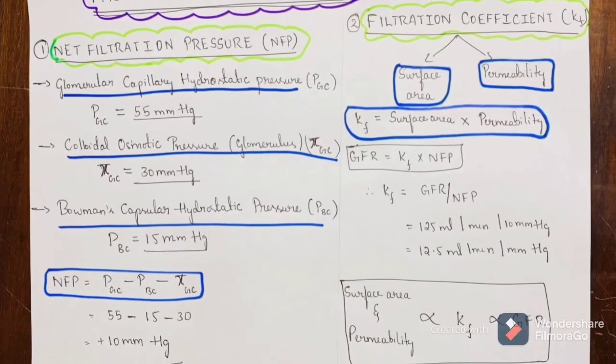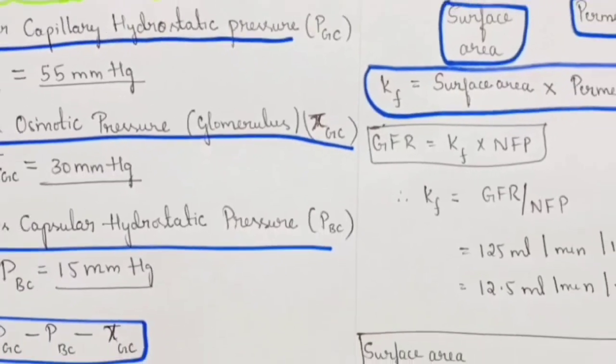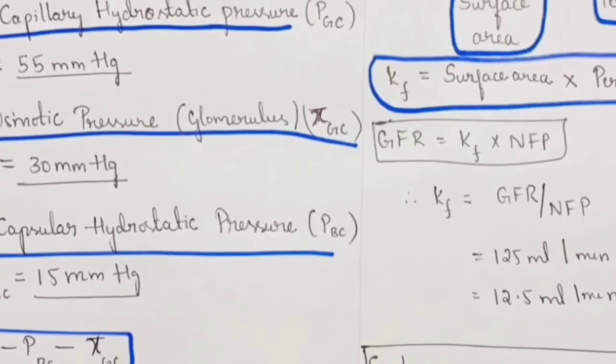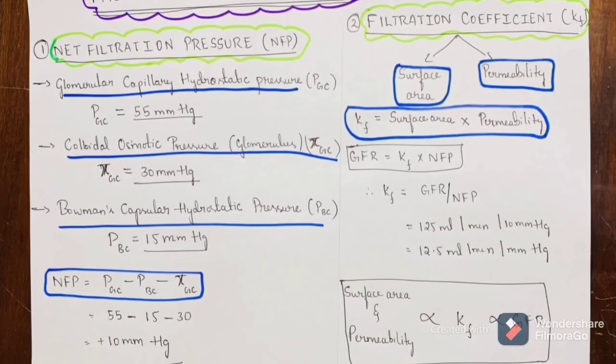The next factor affecting the GFR is the filtration coefficient. It depends on two factors: one is surface area and the other is permeability of the membrane. The filtration coefficient is a product of surface area and permeability. GFR is a product of filtration coefficient and net filtration pressure.